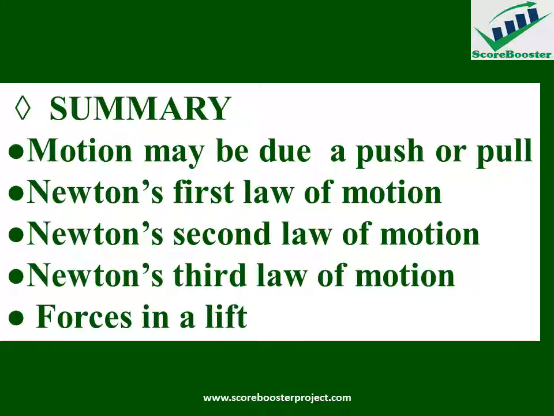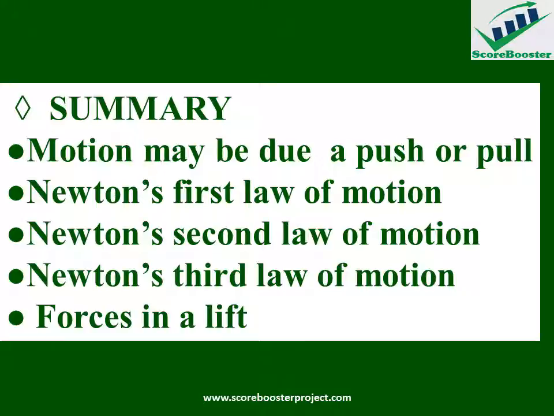After that, we also discussed the law of conservation of linear momentum. The law states that the total momentum before collision is equal to the total momentum after collision. And after that, we discussed Newton's third law of motion, which says that to every action there is an equal and opposite reaction.